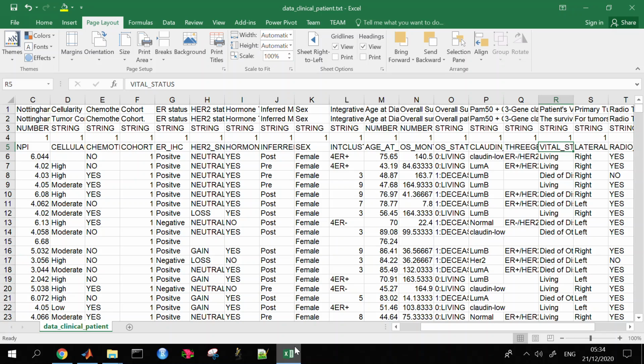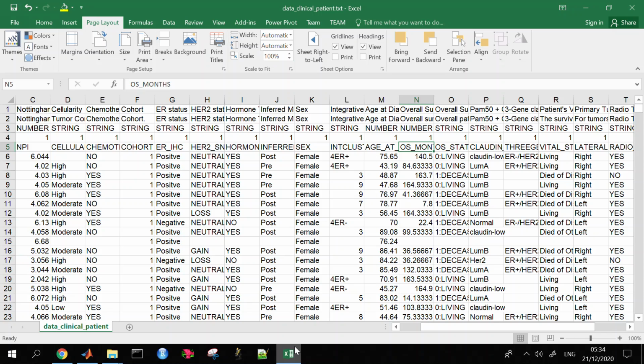You don't need to find it, but I think it's the only column that I've seen that describes living, died of disease, and died of other causes. I think the breast cancer dataset is the only one that has this column, at least from what I've seen thus far.